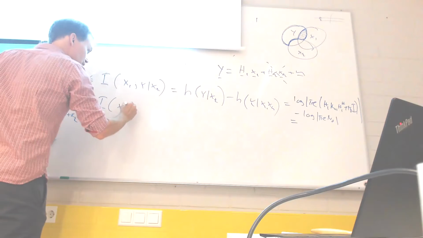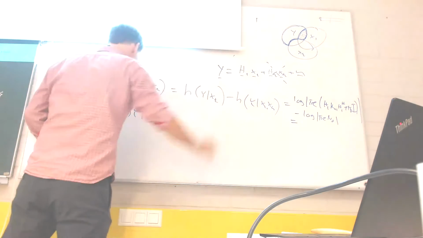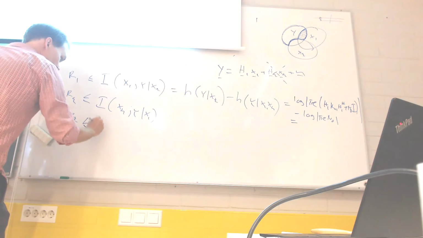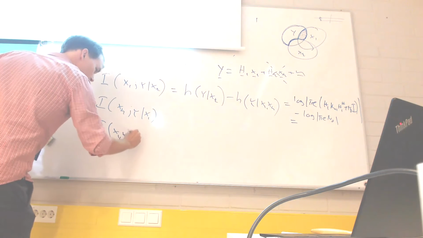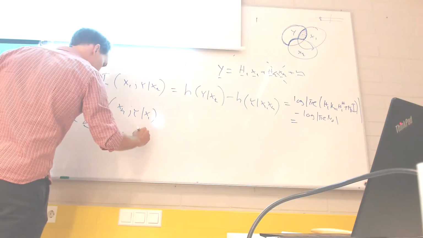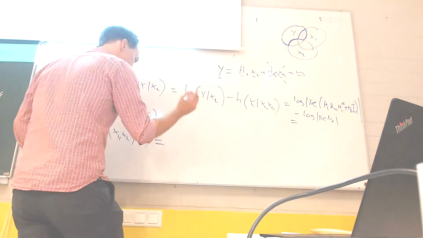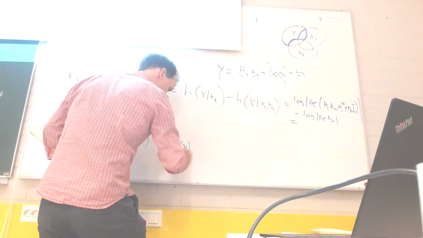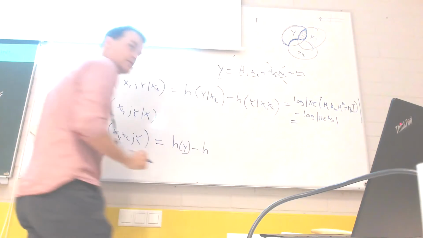Similarly for user 2, the mutual information between x2 and y given x1, let's change the indices. And the mutual information between the joint distribution x1, x2, and y, which is h of y minus what?